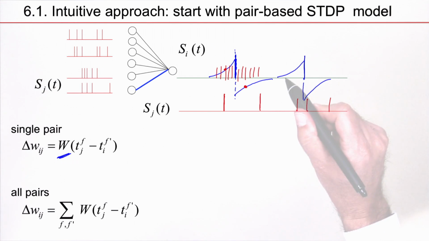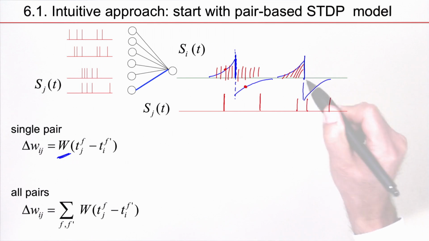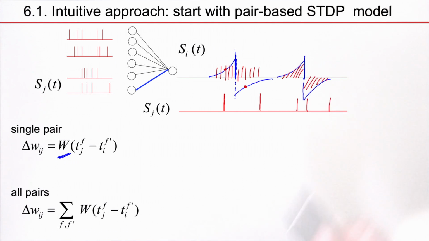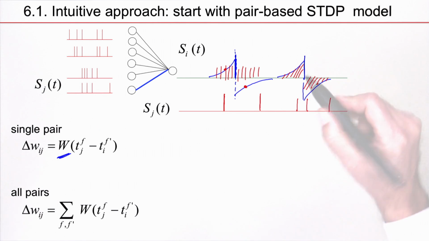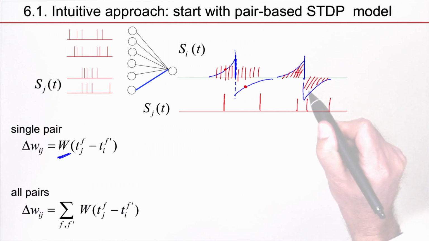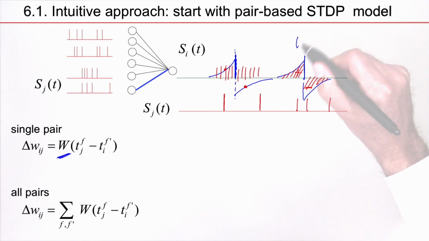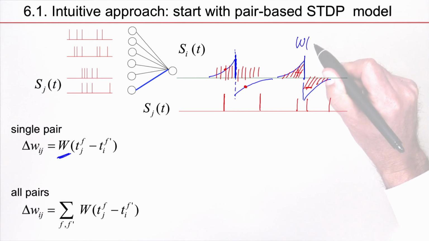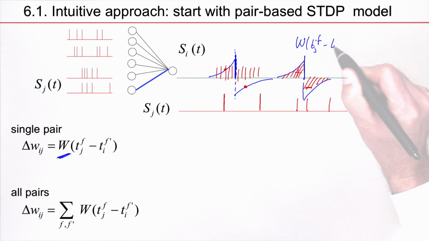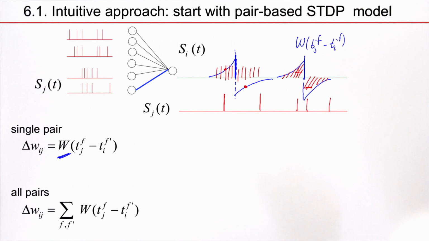So what really matters is the surface of this STDP window, and this part is counted positive, and this part is counted negative. So the relevant quantity is something like, I take this window, t_j^f minus t_i^f.